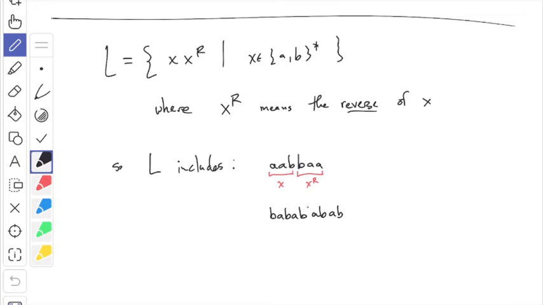No, I need another B in the middle. All right, now this is part of L. This is almost the same as saying it's like the palindrome strings, but it's not quite that, because there has to be even length in order for them to be in this set. All right, those things are in L. This, it turns out, is not a regular language. L is not regular.